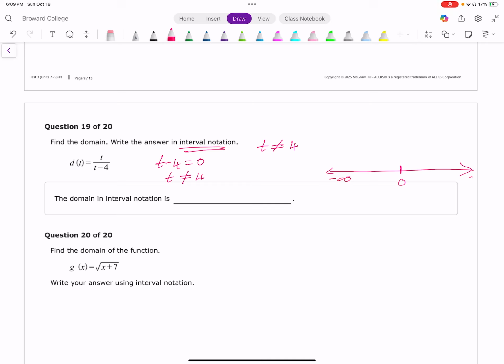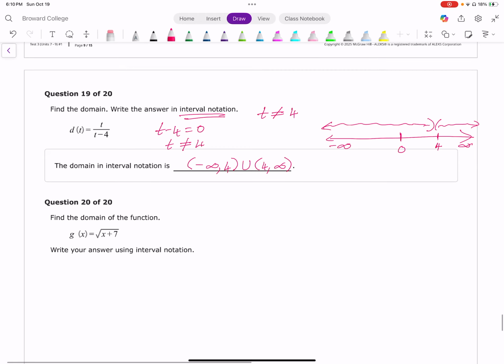This side is your positive infinity. We know it cannot be equal to 4. So if we say this is 4, then we're going from here, coming to here. Once it gets here, parenthesis, and continue to infinity. All right, but how do we write that? We say parenthesis, negative infinity, comma 4, parenthesis, union, parenthesis 4, comma infinity.